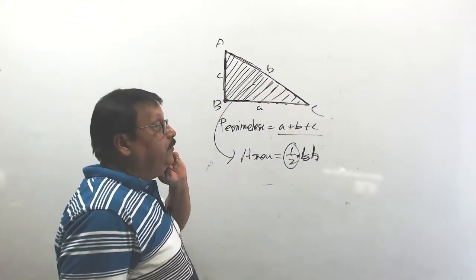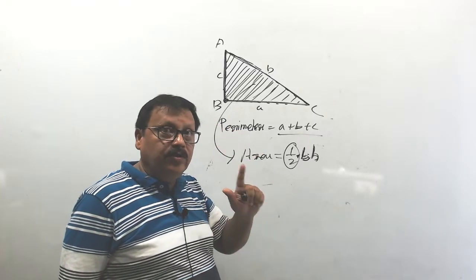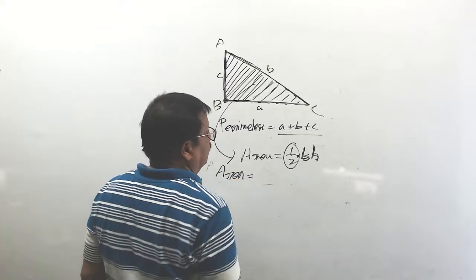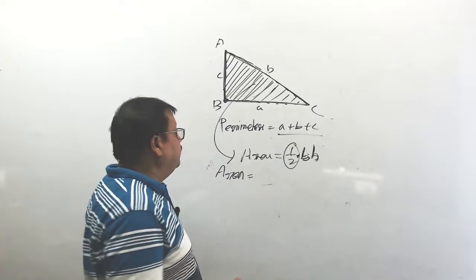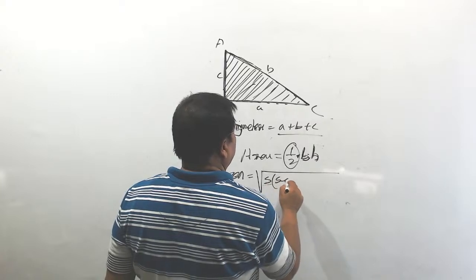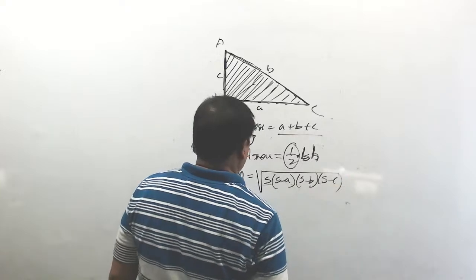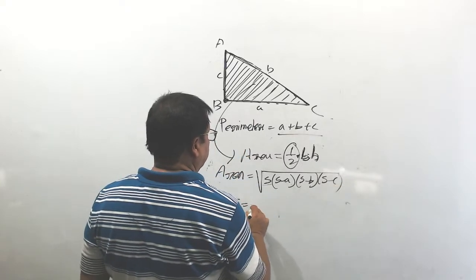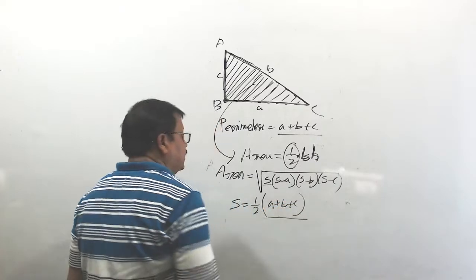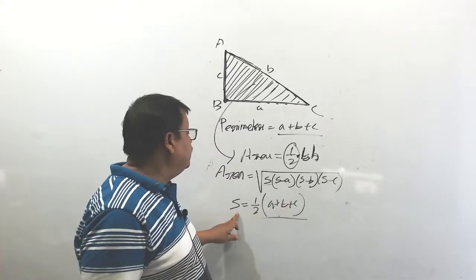If you do not know the base and height, if it is not clear to you, then there is another formula for area. I will explain in the mensuration part. Root over of s into s minus a into s minus b into s minus c, where s is the semi-perimeter, s equal to half into a plus b plus c.